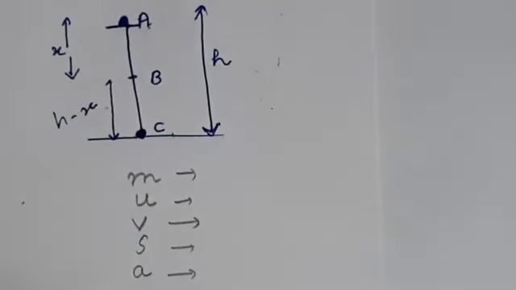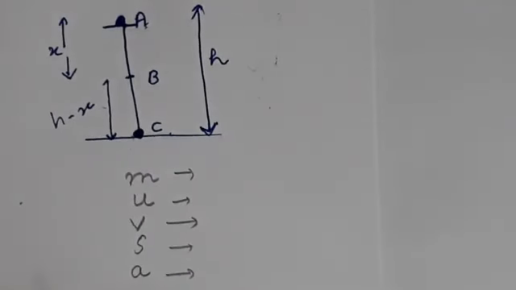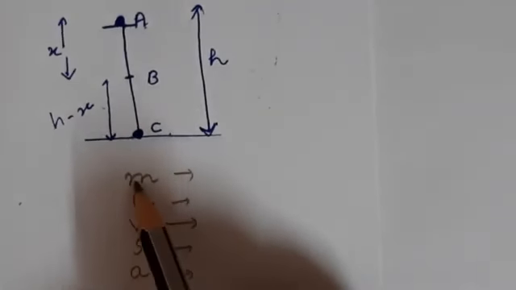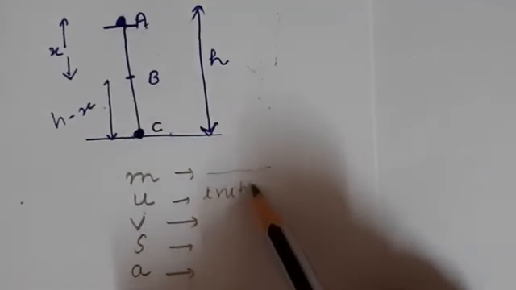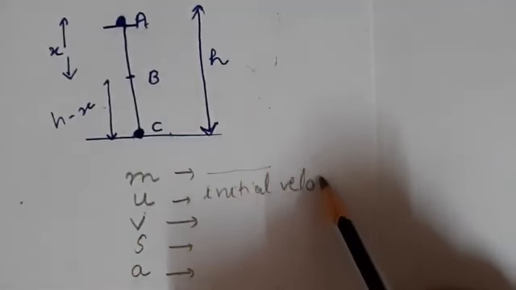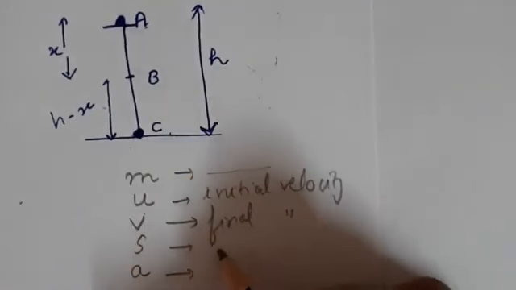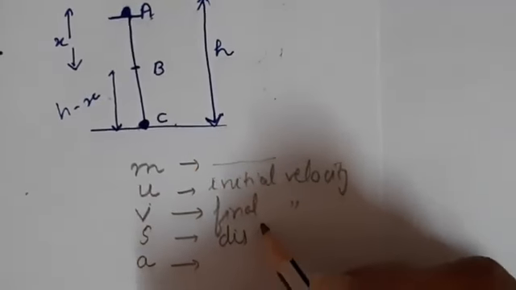Okay students, before deriving the equation, let us consider these points. M is the mass of the object. U is the initial velocity. V is the final velocity. S is the displacement.